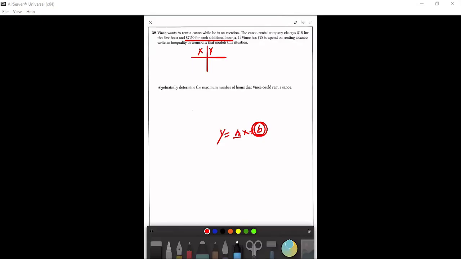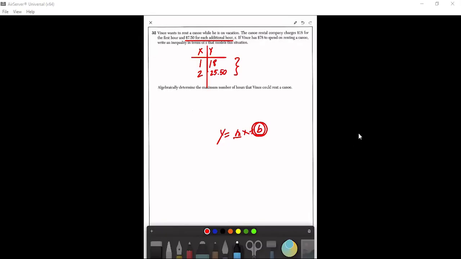So if I were trying to come up with 2 points, I would say the first hour is $18. The second hour is going to be $18 plus $7.50, which is going to be $25.50. Now that I have these 2 points, I can come up with the equation or inequality in this case.